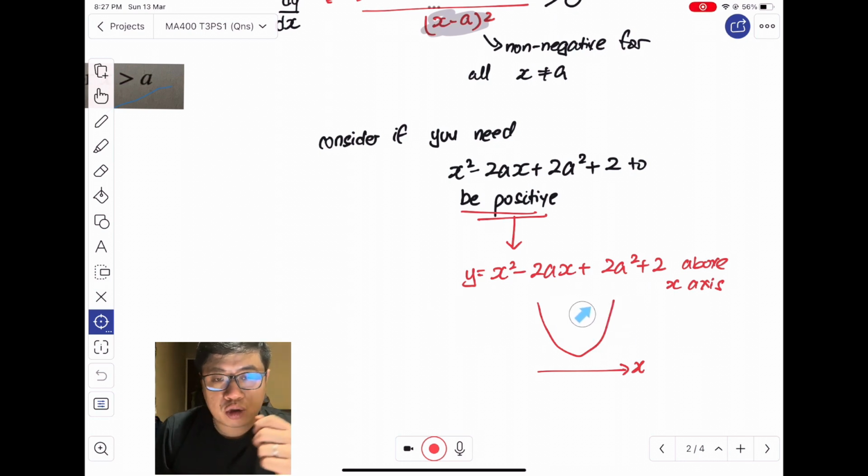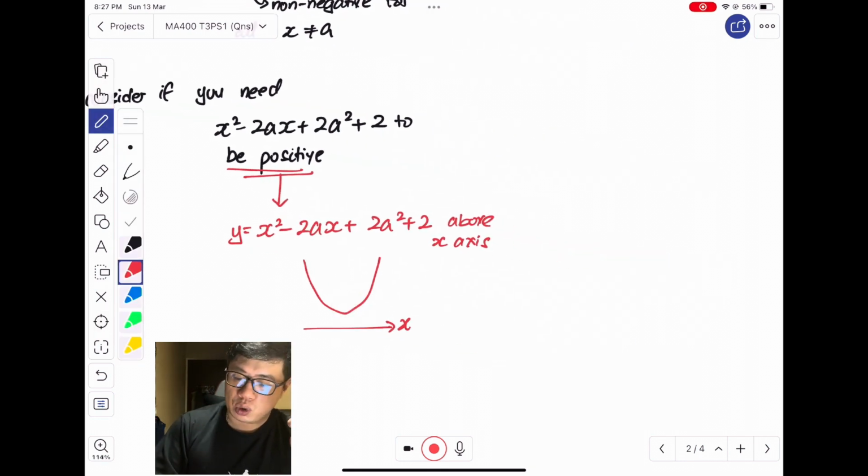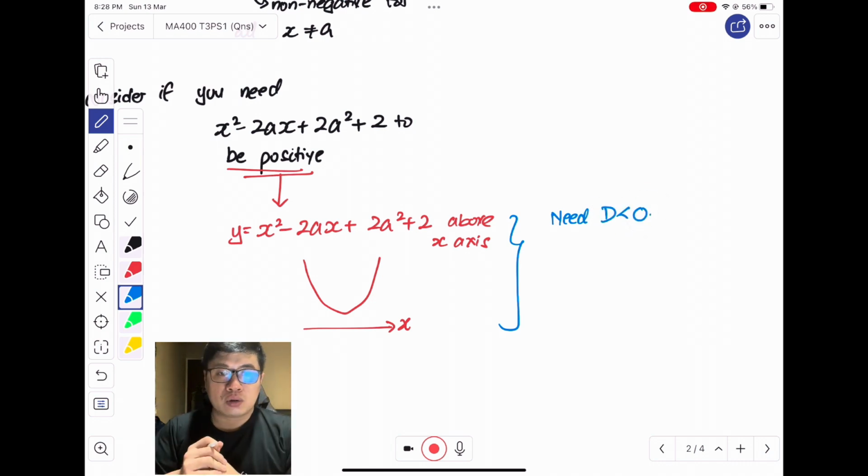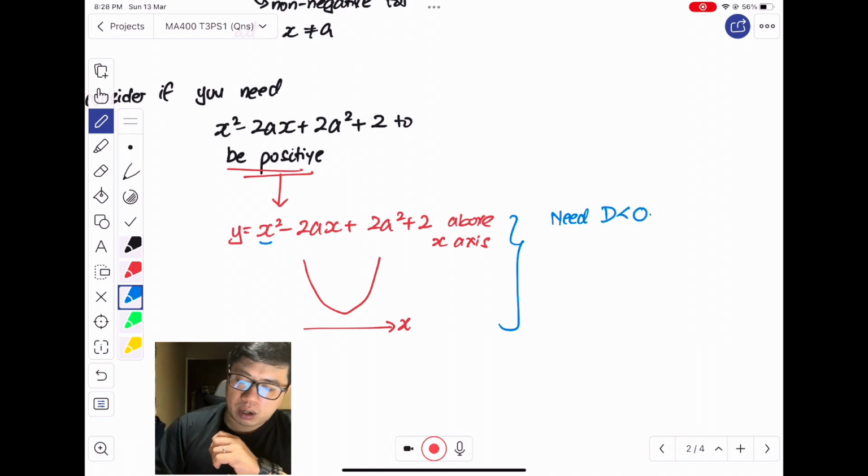For a graph like this to be always positive, or above the x-axis, you are likely thinking about the discriminant. We need the discriminant to be less than 0. Now simply look at this expression here.